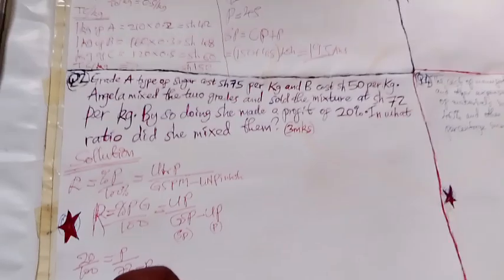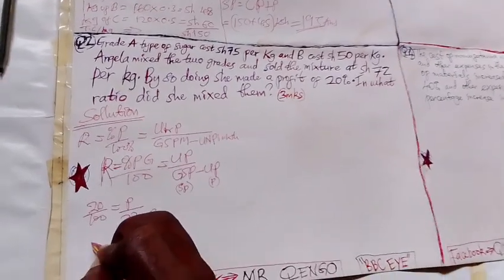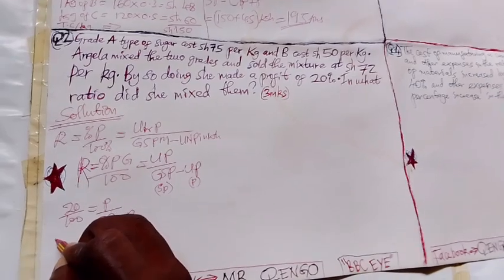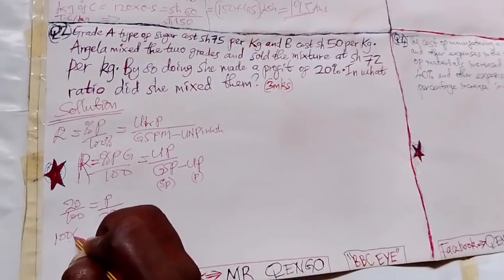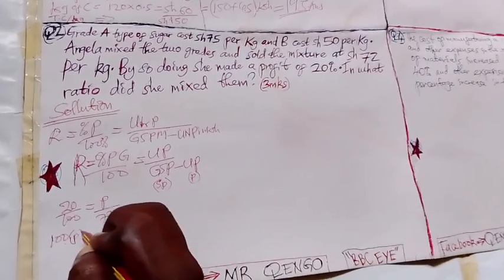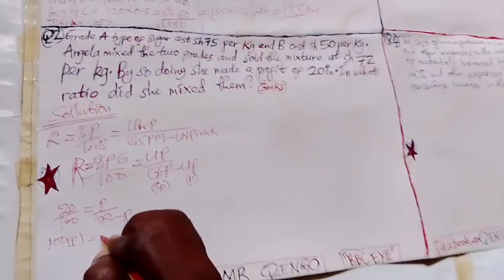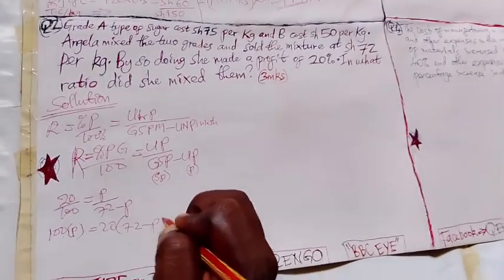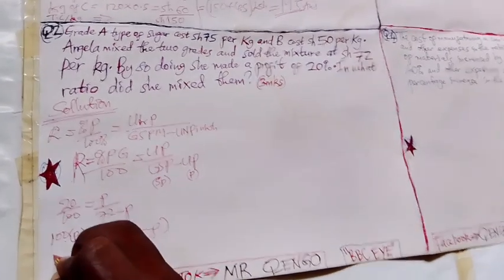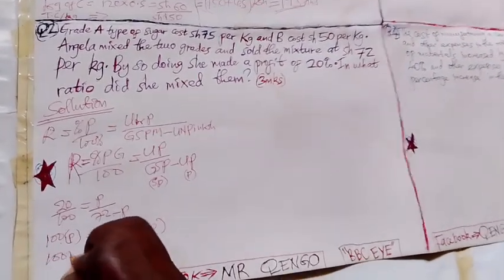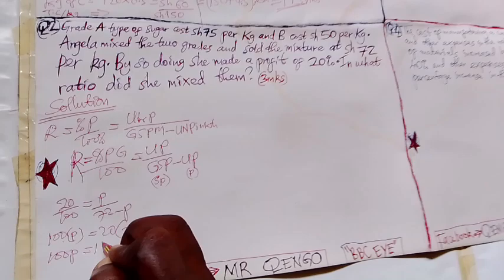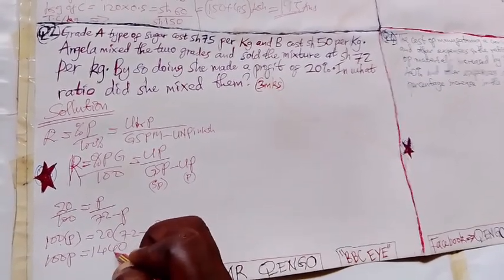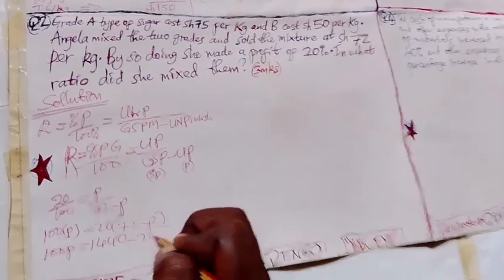If you cross multiply this, we are going to get 100 into brackets P is equal to 20 into brackets 72 minus P. Getting this, 100P is equal to 1,440 minus 20P.